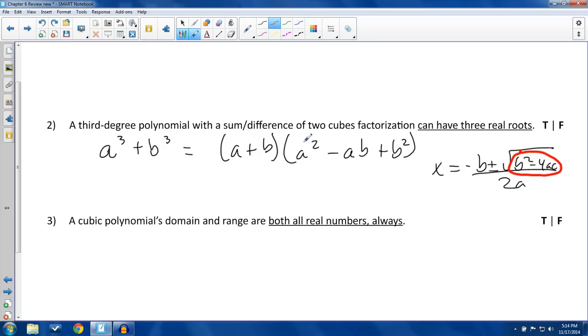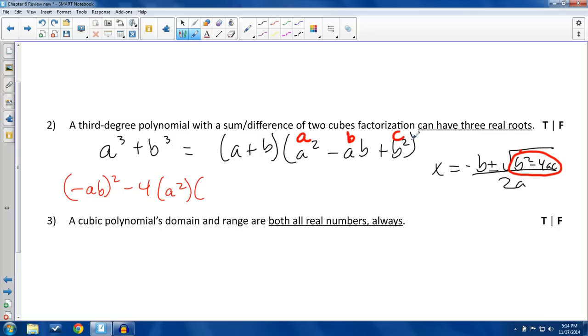So let's pretend that your a squared is a, your negative ab is b, and your b squared is c. I know that looks kind of weird because we're using the same letters that we used before, but bear with me here. What is b squared minus 4ac here? If we did b squared minus 4ac, here's b squared minus 4 a, in this case a squared, c.